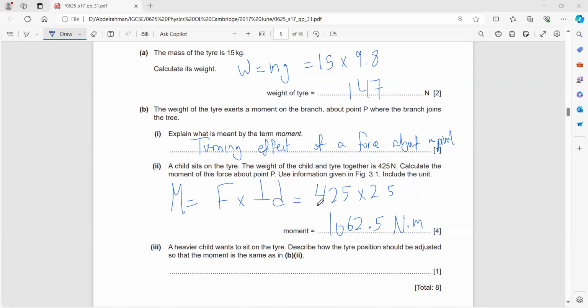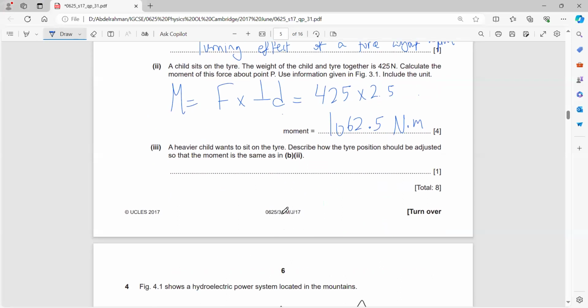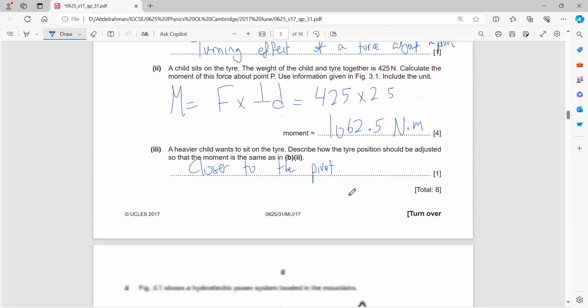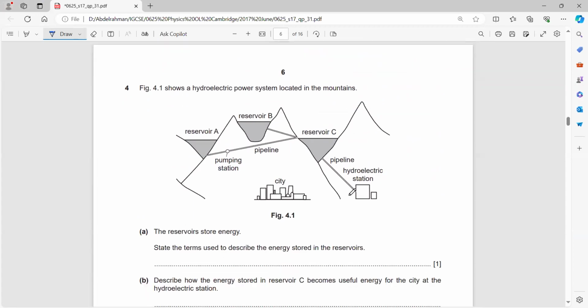Closer to the pivot. Yes, you are all correct. He has to be closer to the pivot. I need to decrease the distance. You should decrease the distance to decrease the moment. Smaller perpendicular distance, correct.